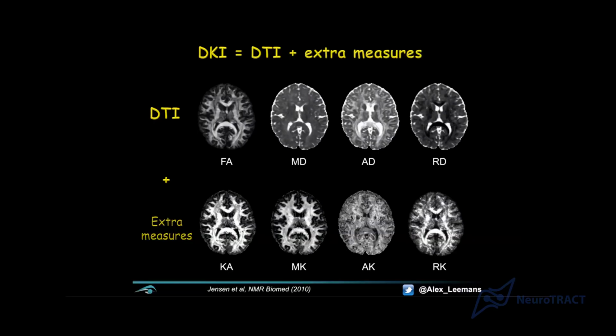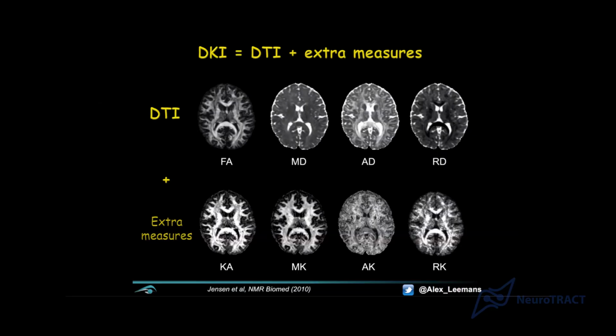Let's focus on mean kurtosis, for instance. That metric basically says, what is my average amount of non-Gaussianity? This is how you have to interpret it, because the kurtosis says something about deviation from Gaussianity. And the higher the value, the more it deviates from Gaussianity.